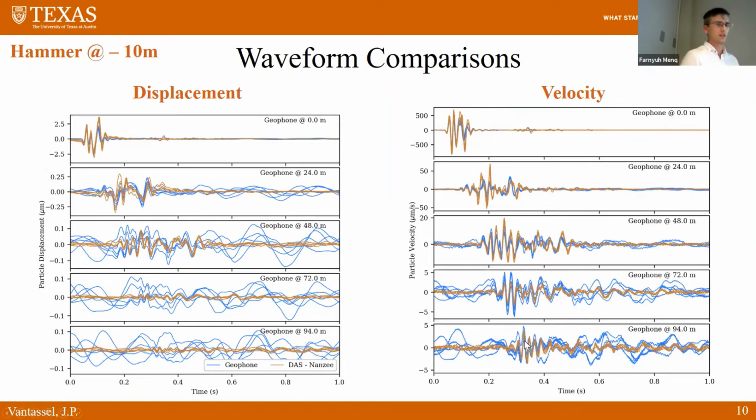But what you're seeing is that partially due to being buried and its increased sensitivity, the DAS is not picking up as much of that noise as the geophones are. So we're seeing really good signal all the way out to 94 meters, and we actually can even see signal much further. And this is just from a sledgehammer impact.